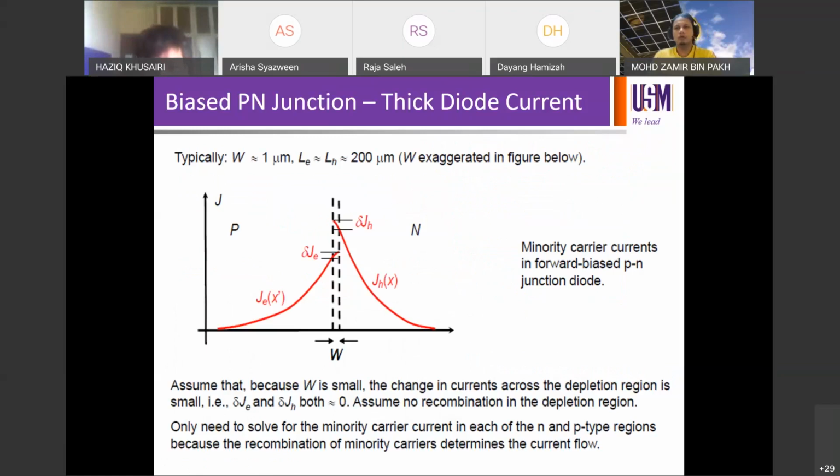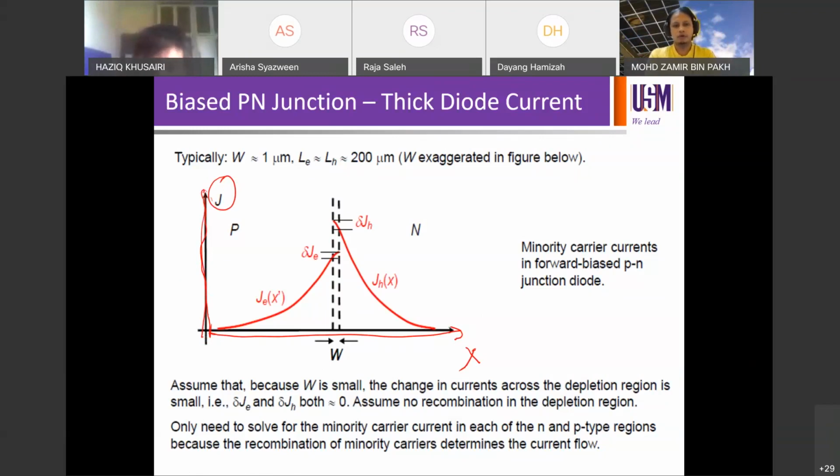So you can put this together. You can plot this as J on the y-axis, and the dimension or the space into the diode as the x-axis, with the P side and the N side.